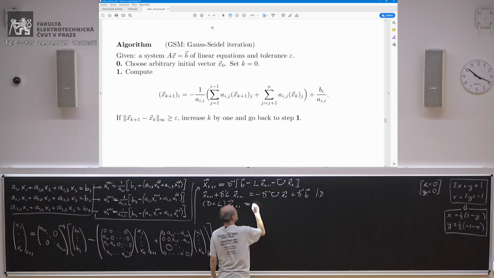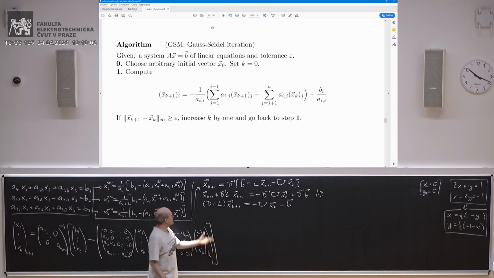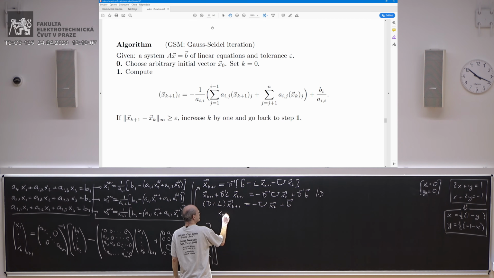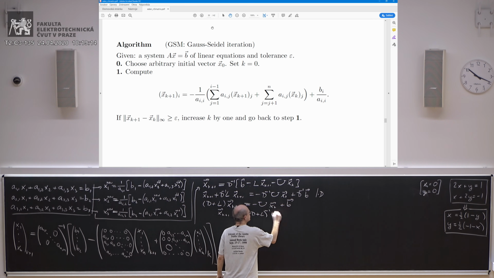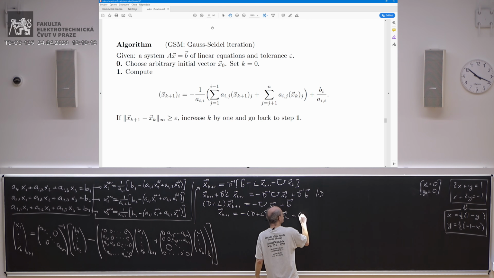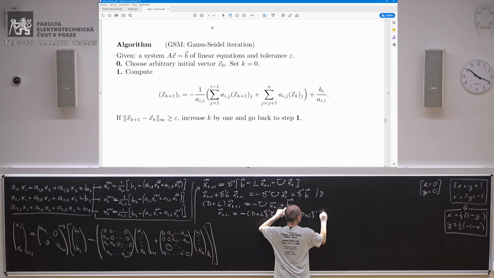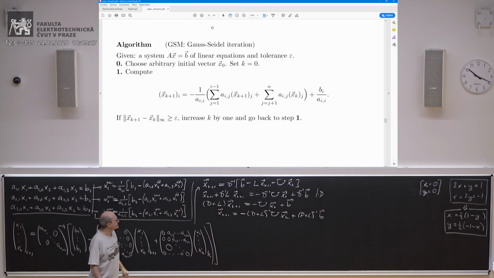I multiplied by D, and I multiplied by D. And finally, now I can multiply by the inverse of this matrix, and I get xk plus 1 is equal to minus D plus L inverse U xk plus D plus L inverse b. And that's the formula for the Gauss-Seidel iteration.